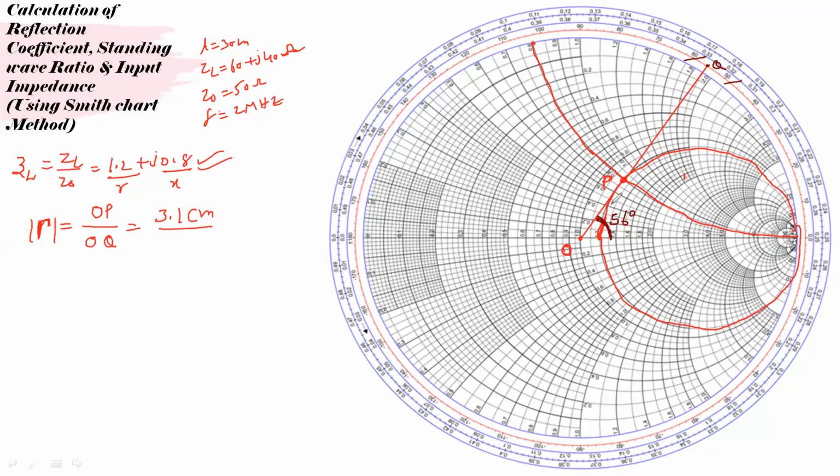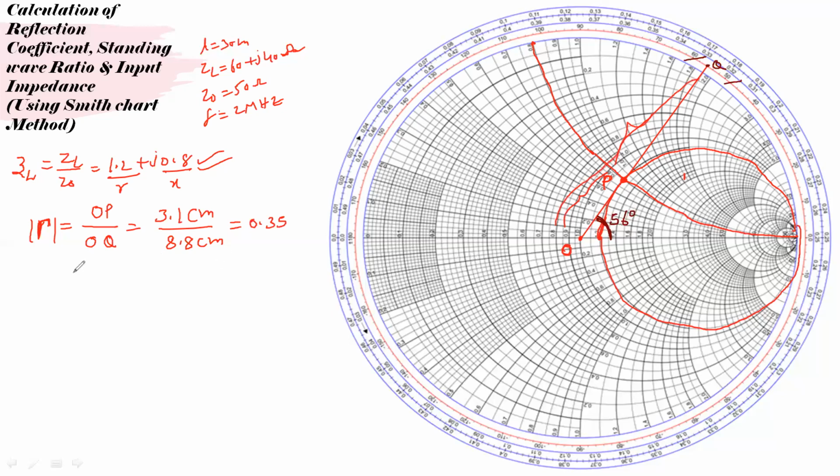This is the OP line. Then the OQ line is 8.8 centimeters, which gives the value of 0.35 by taking this ratio. Sorry, OQ line is this one.